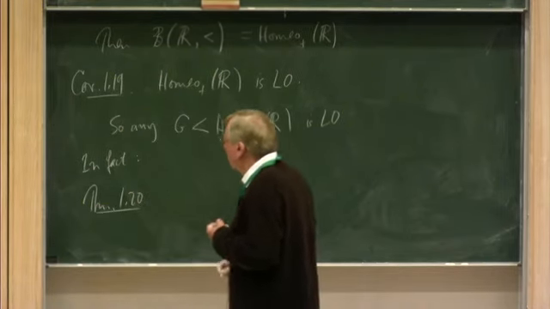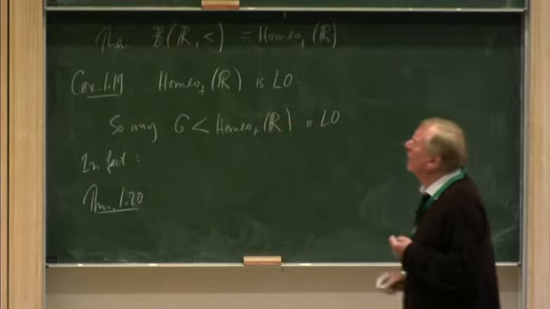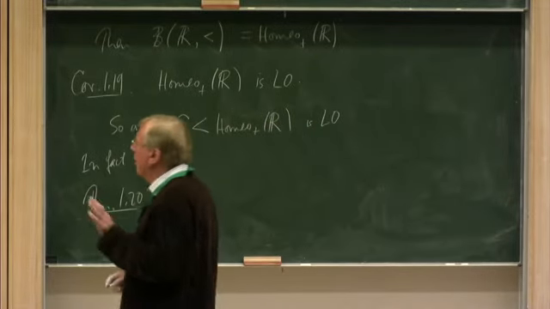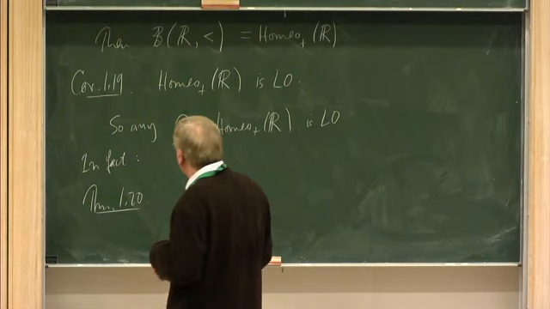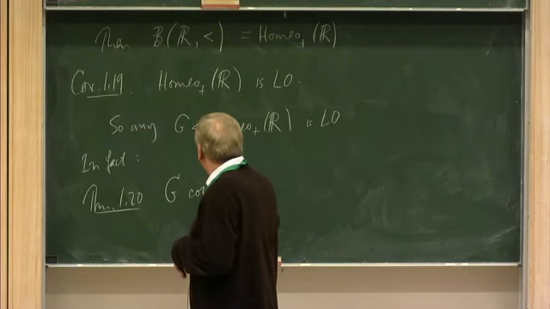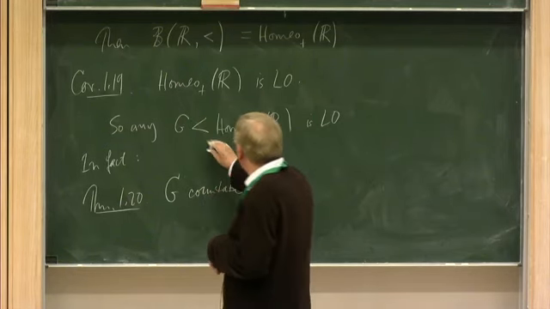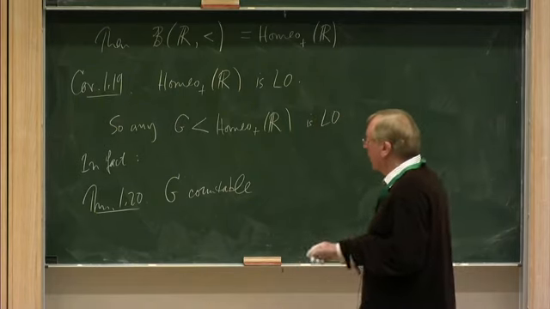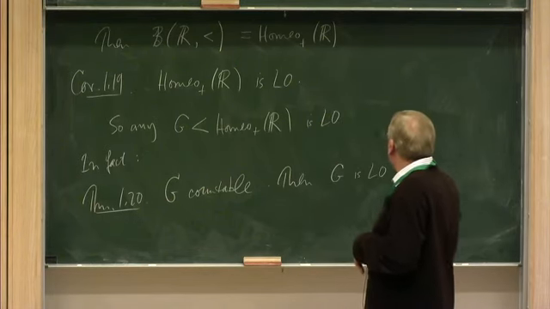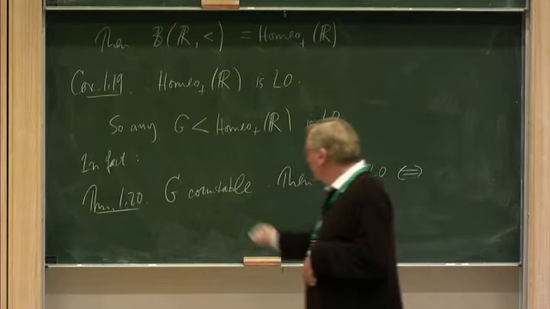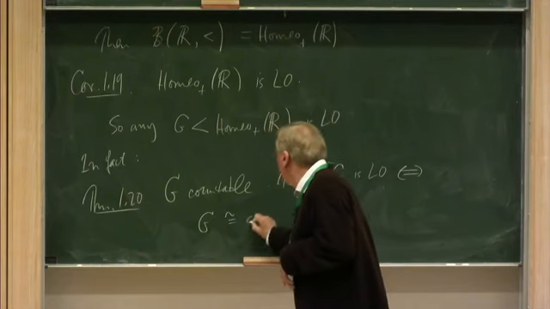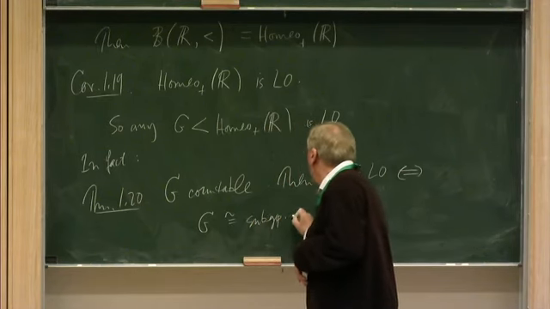For countable groups, there's actually a complete characterization of left orderability in terms of this. So G countable, then G is left orderable if and only if G embeds in Homeo+ R. So G is isomorphic to a subgroup of Homeo+ R.